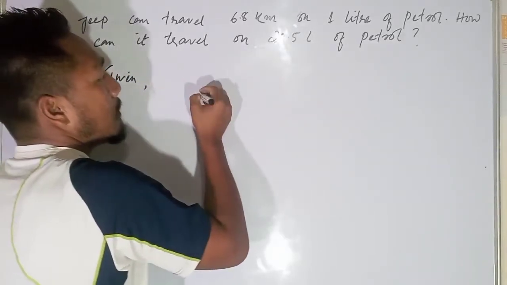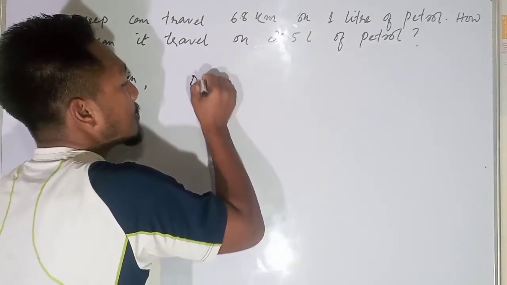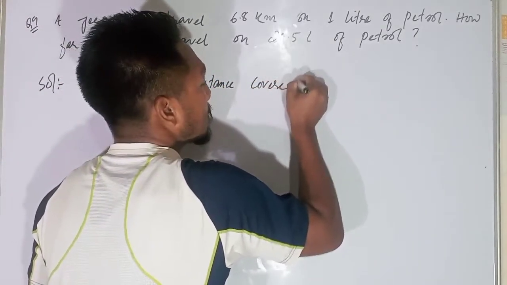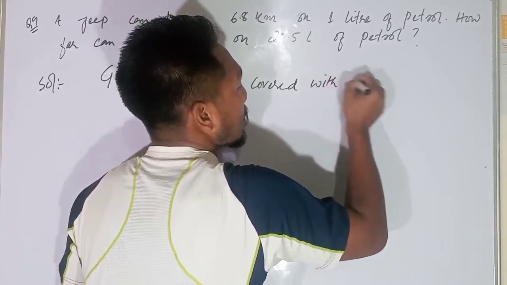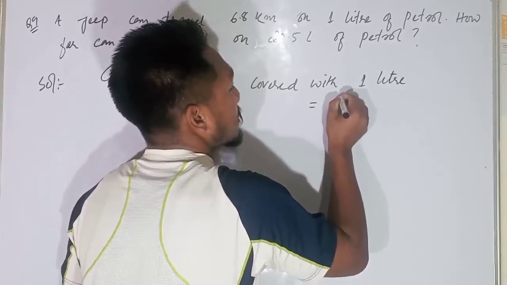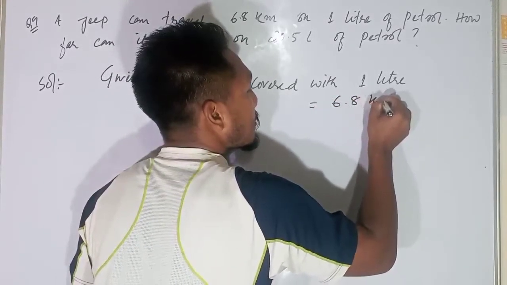Distance covered with 1 liter is equal to how much? 6.8 kilometers.